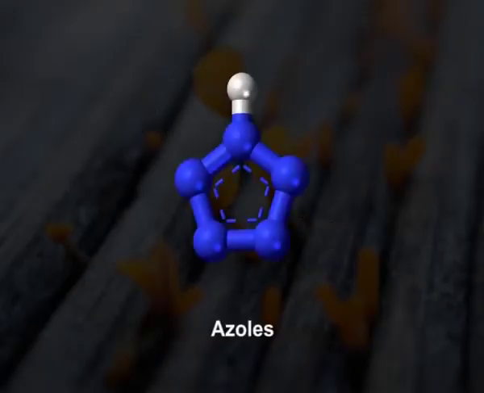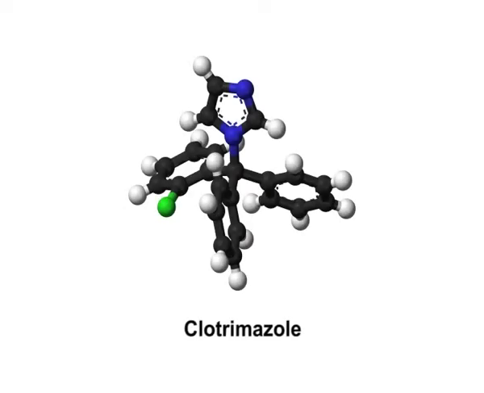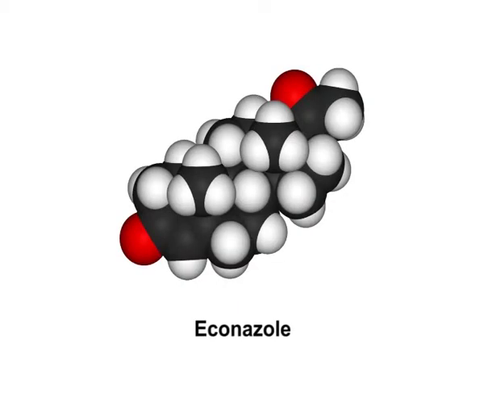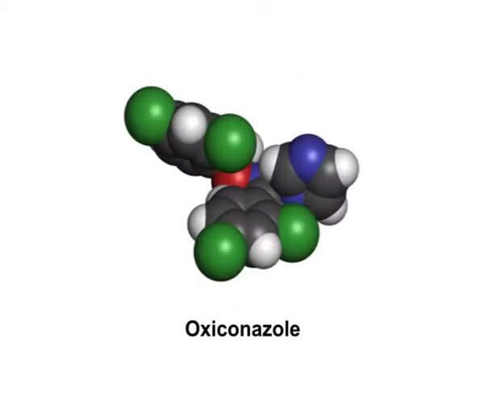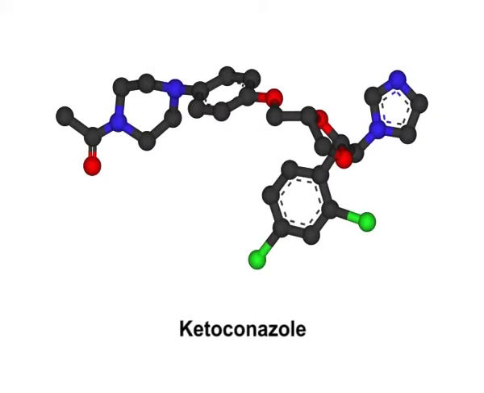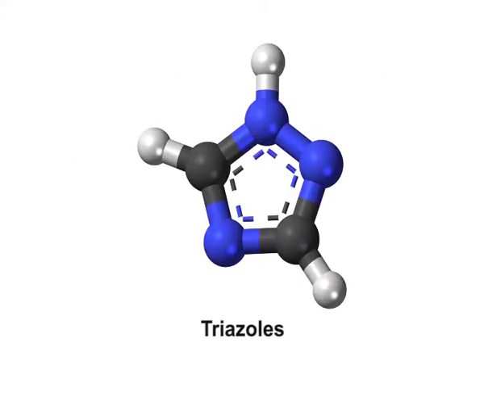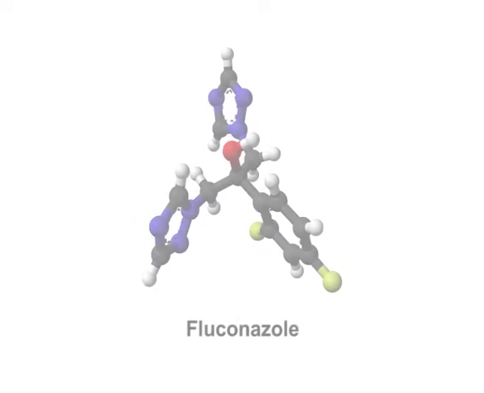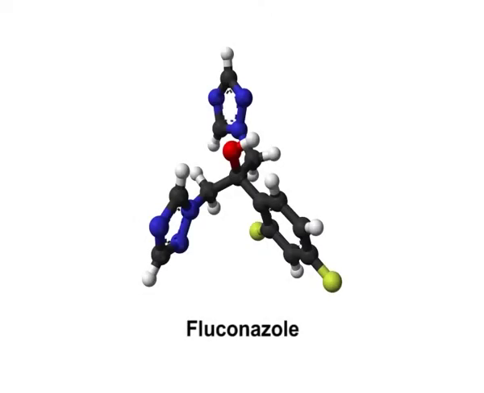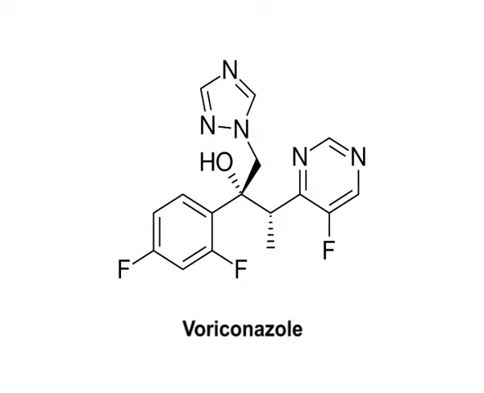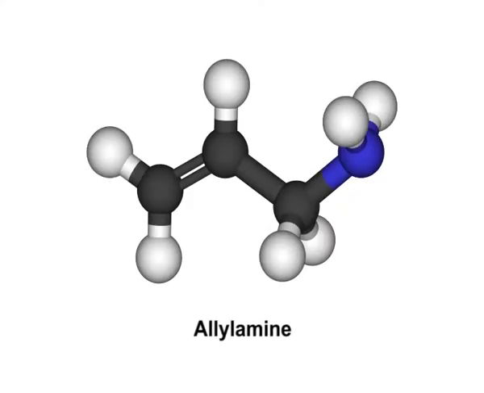Next class is azoles. Their subclasses are, first, imidazoles, for example, clotrimazole, econazole, miconazole, oxiconazole, ketoconazole, etc. Next class is triazoles, for example, fluconazole, itraconazole, voriconazole. The next main class is allylamines, for example, terbinafine.